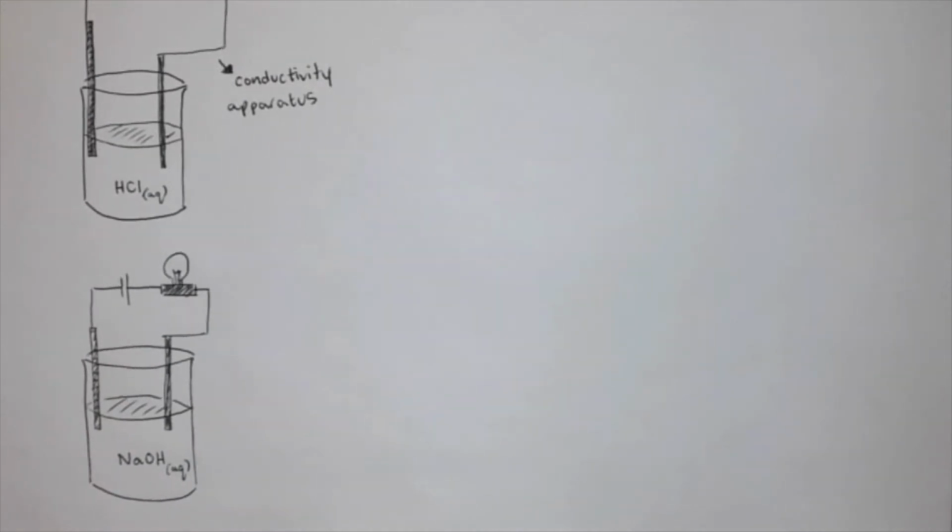Now, why does it conduct electricity? Well, in order for solutions to conduct electricity, there needs to be dissolved ions in this solution. As you know, ions are charged particles. They can either be charged atoms or charged molecules. The thing that they need to have are charged particles, either atoms or molecules, in the solution.